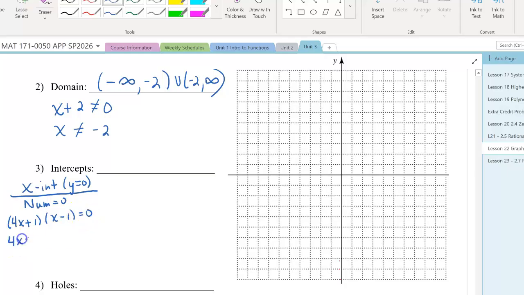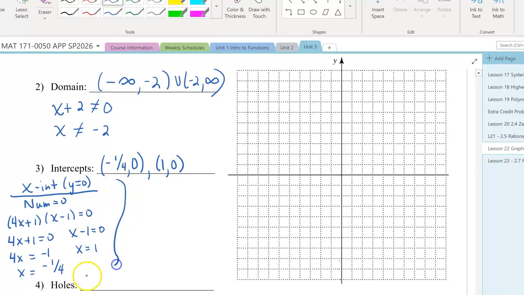So 4x plus 1 equals 0, 4x equals negative 1, so x is equal to negative 1/4. So one of my x-intercepts is (−1/4, 0). I have another one, x minus 1 equals 0, so x is equal to 1.